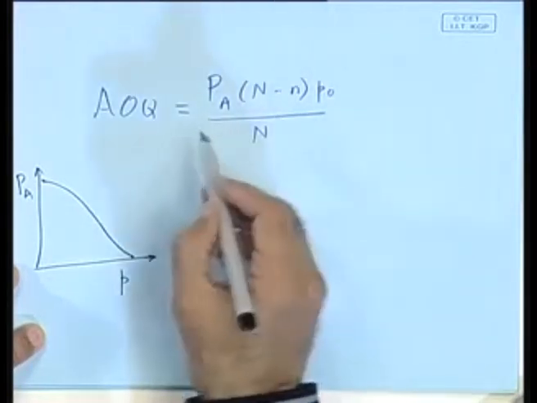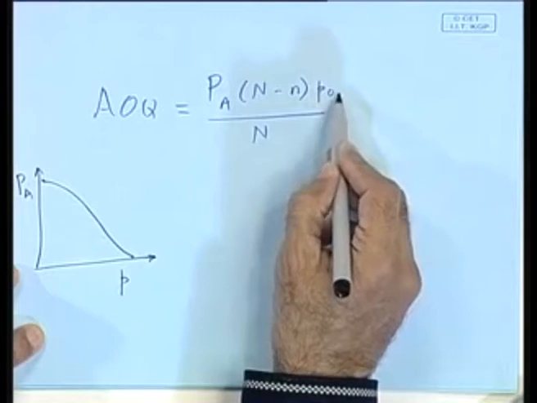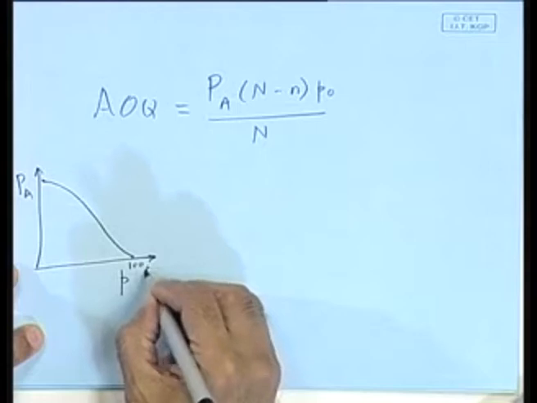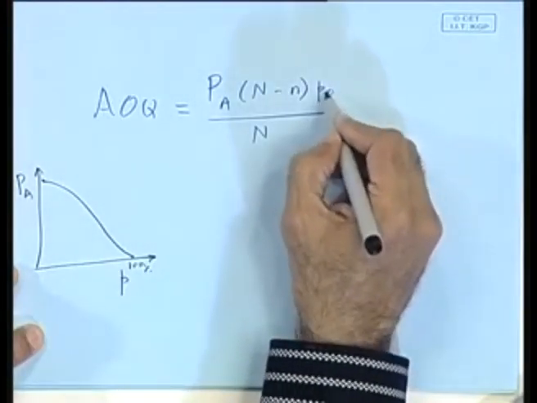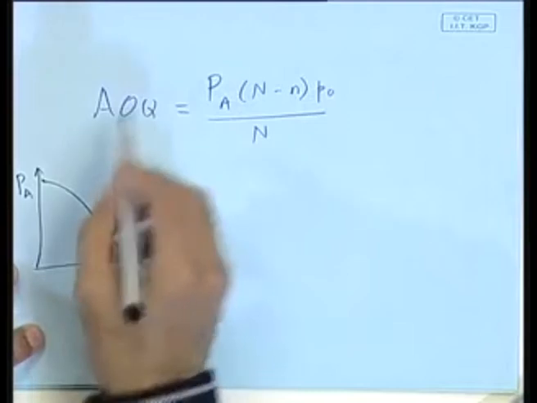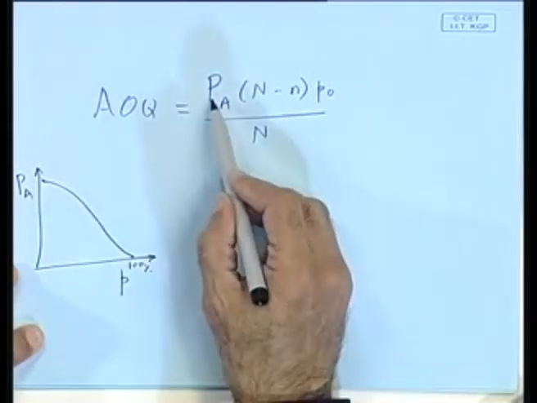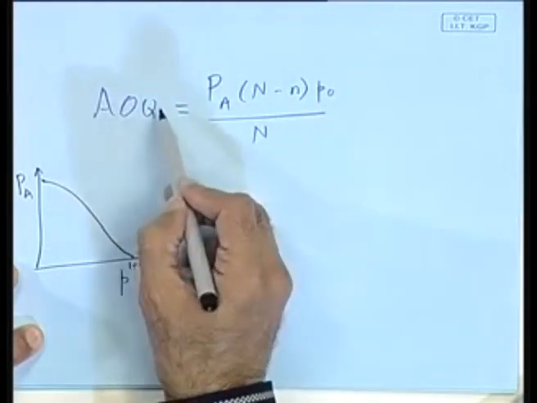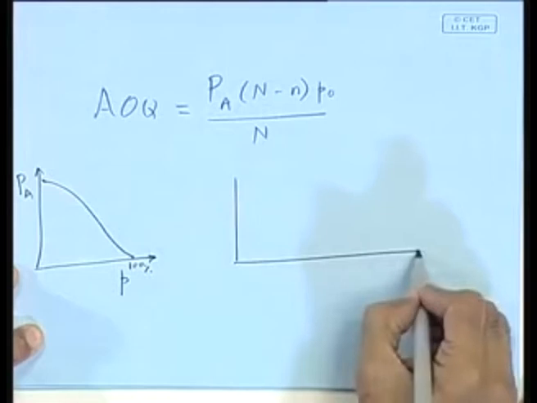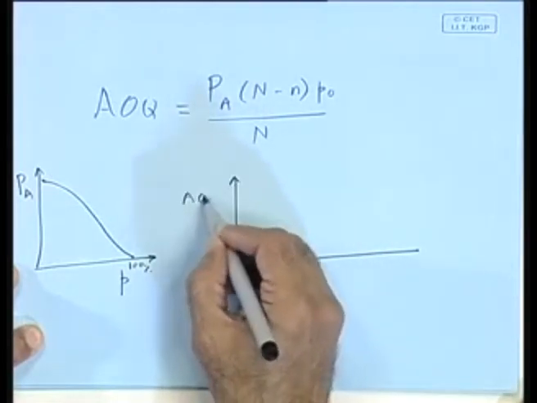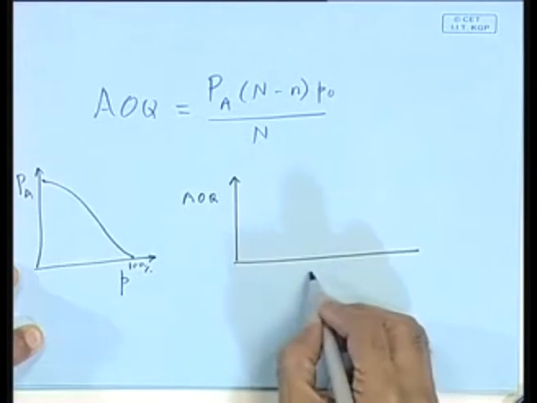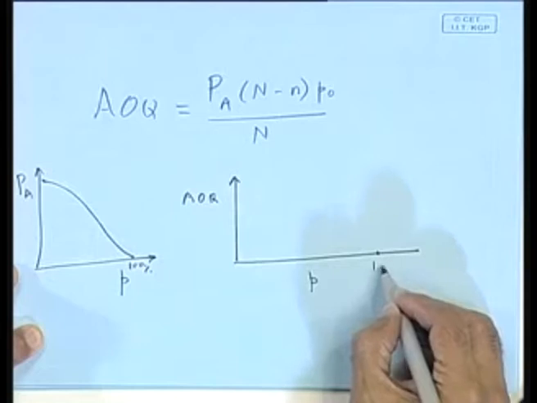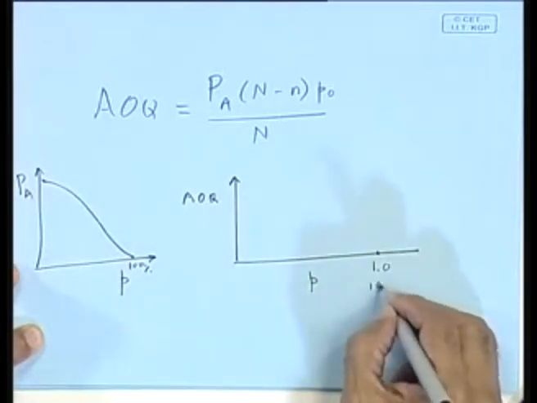It turns out when my little p is like 100%, that means everything is defective. When this is equal to 1, PA becomes 0. Therefore, the product of this and this would be 0. So if I plotted the AOQ figure here, I have little p equal to 1.0, that means everything is 100% defective.